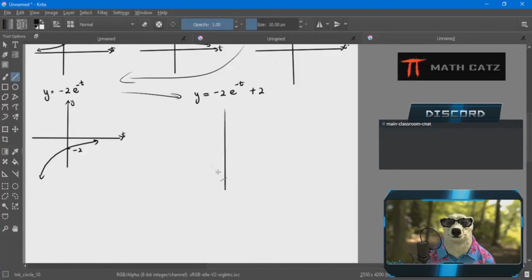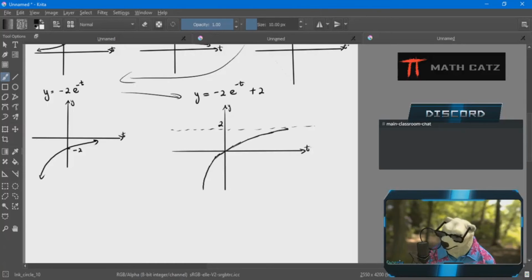What happens to my previous graph? It's a vertical shift up, and now this horizontal asymptote becomes visible at 2, shift up. The y-intercept is now going to sit at 0.